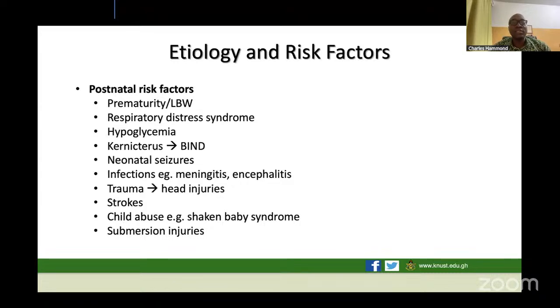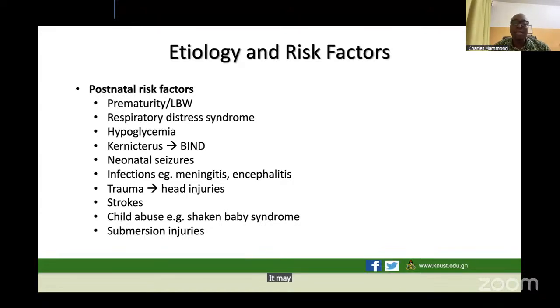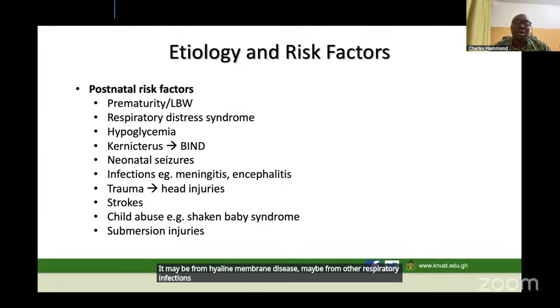Postnatal risk factors include prematurity, or being born too early or too small, low birth weight, respiratory distress syndrome from all manner of causes. It may be from hyaline membrane disease, maybe from other respiratory infections, maybe from pneumonia, or even from brain malformations.